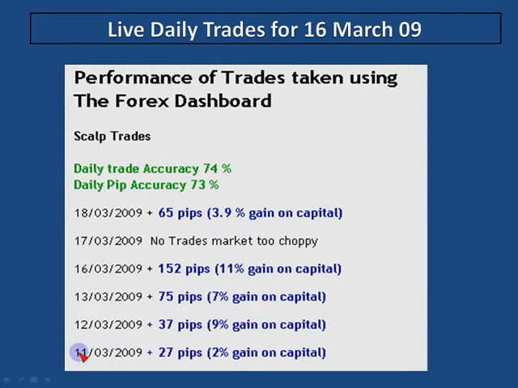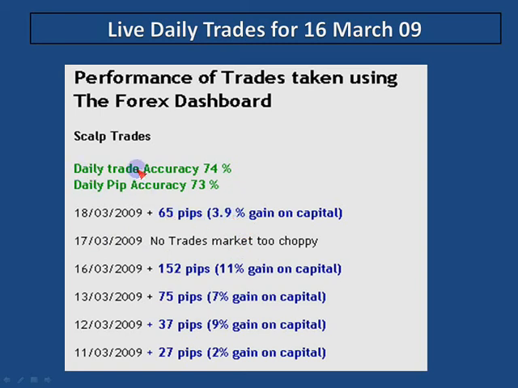On the 11th of March I made 2%, then on the 12th I made 9%, on the 13th I made 7%, and on the 16th I made an 11% gain, which was a very good day's trading with 152 pips. On the 17th there were no trades taken, and then on the 18th, just today, I made 3.9% with 65 pips.